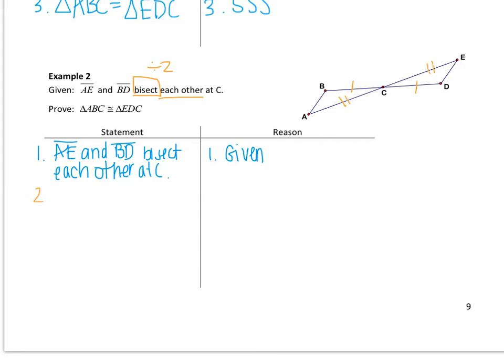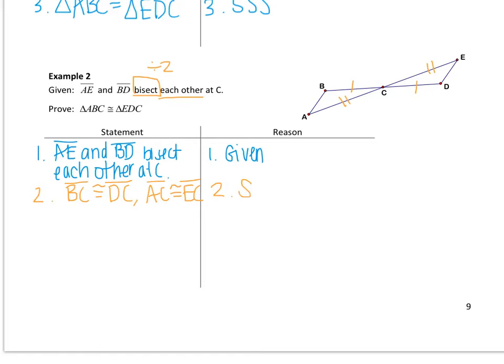So I'm going to make statement 2 with 2 sets of congruent parts, meaning BC is congruent to DC, and we also found out that AC is congruent to EC. Our reason for that comes from the fact that we had a segment bisector. So again, this is where we write the definition. As you can see, it's important that we start memorizing definitions, otherwise we're not going to be successful in proofs.